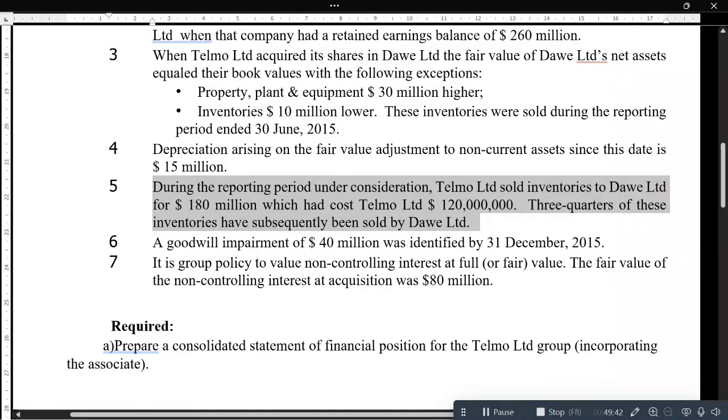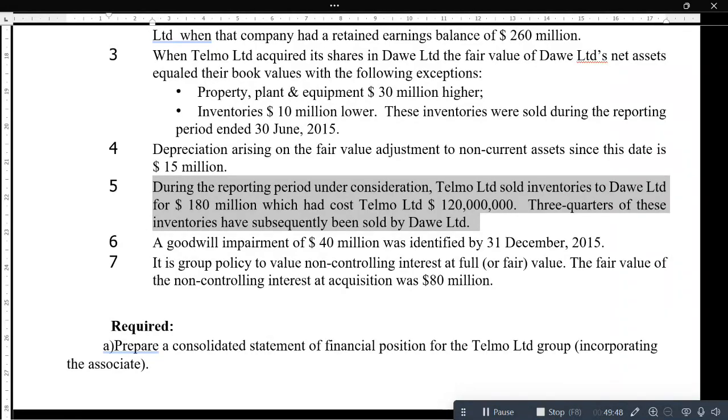If you check note 5, we are saying during the reporting period under consideration, Teremo Limited, remember Teremo we have already identified as the parent, sold goods. So the parent is selling goods to the subsidiary, that is Dawe Limited, for 180 million, which had cost Teremo 120. Three quarters of these inventories have subsequently been sold by Dawe Limited.